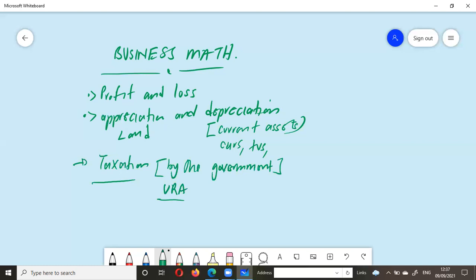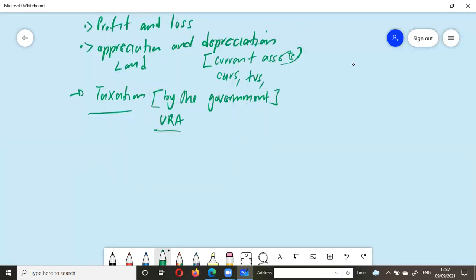So we shall look at taxation in detail. Also, the part we shall look at is this formula. Have you ever seen it somewhere? PRT, which is equal to the simple interest. So we shall also look at simple interest and the amount.